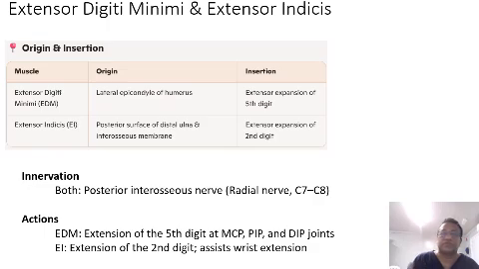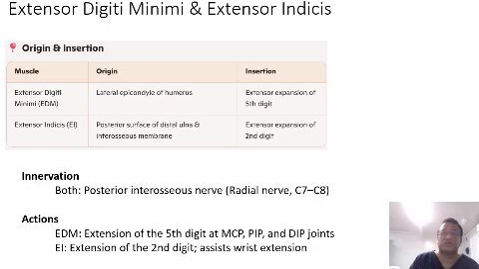So what does it mean? EDM originates from the lateral epicondyle of the humerus, and the extensor indicis originates from the distal ulna posterior surface and adjacent interosseous membrane, and their insertions are into the extensor expansion of the fifth and second digits respectively. These insertions allow for isolated extension of the little finger and index finger.